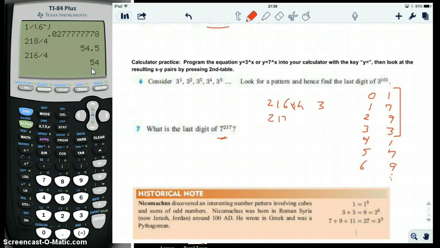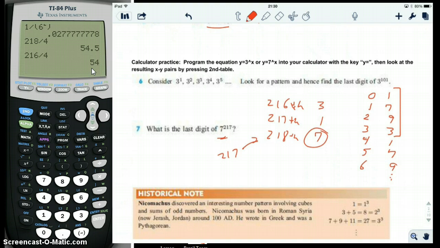And then the 217th number would be, I'm sorry, not 4, 1, right? The next number in the cycle is 1. And then the 218th number would be 7. Remember, 217 is the 218th number because 0 is the first number. So we would predict that for 7 to the 217th, the last digit is 7.